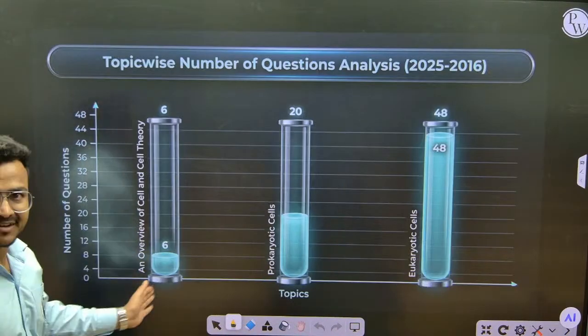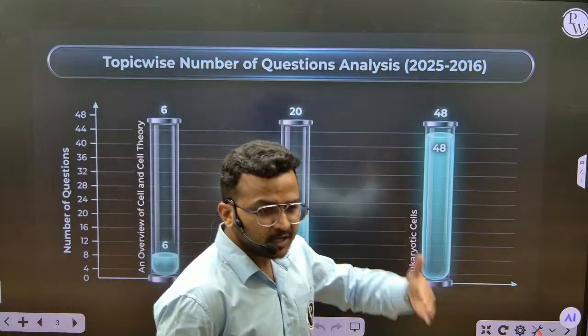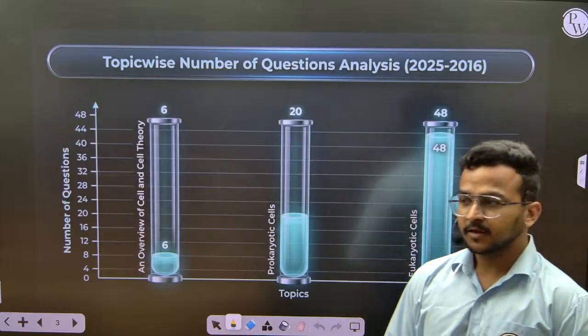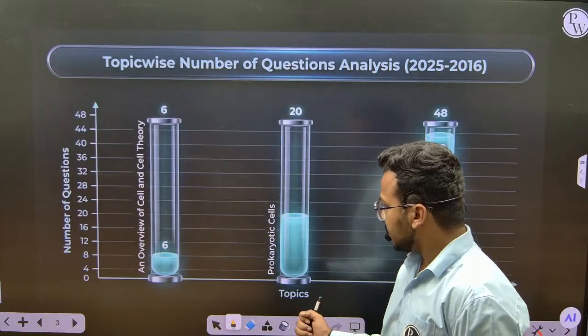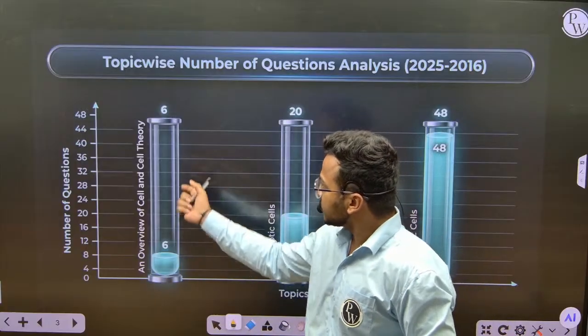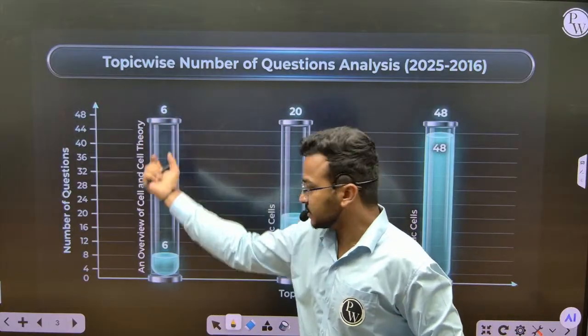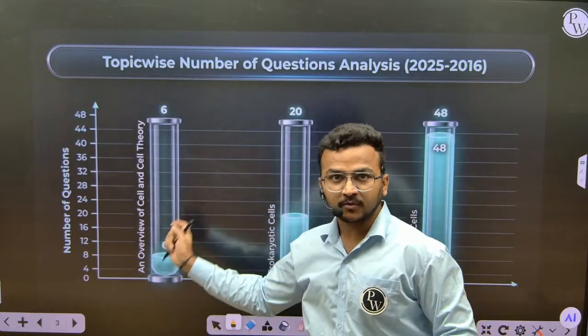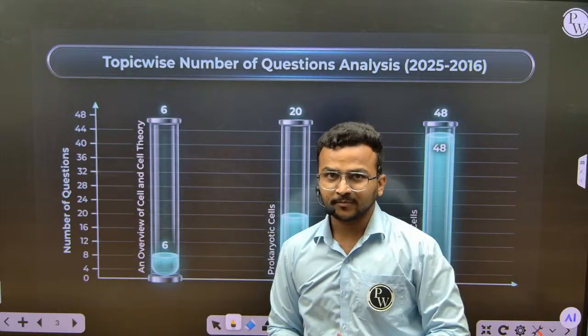Next is the topic-wise analysis. You may not understand this topic-wise analysis now; after completing some chapters, some concepts we will get to know, and how much importance each topic has. This is the number of questions: 6 questions were asked from this topic, only from cell theory and overview, from one page.